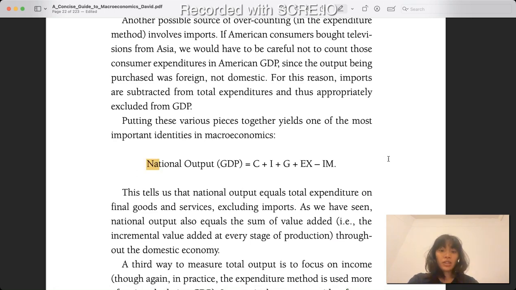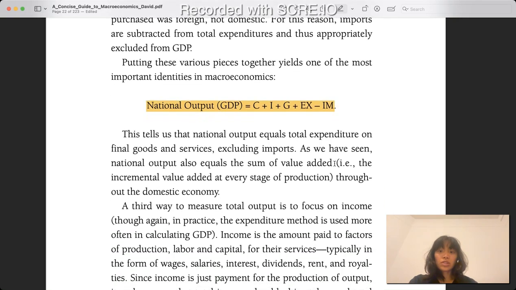So GDP is consumption plus investment plus government spending plus exports minus imports.